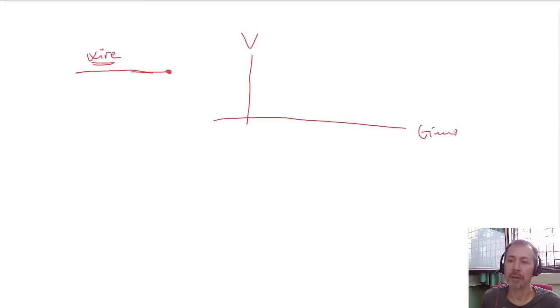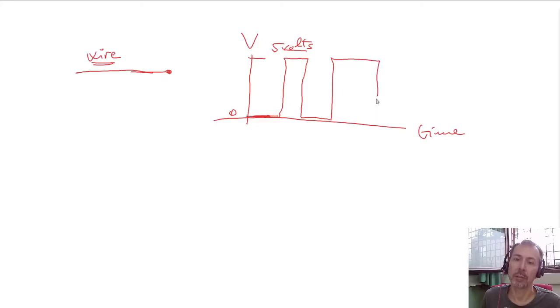If this is time, imagine that the computer works at 5 volts, for example. You will receive 0 volts here, and at some point you will receive 5 volts, then 0 volts again, then maybe 5 volts during two intervals of time, 0 volts, and so on. So the voltage will vary over time, and this is the signal we are receiving.